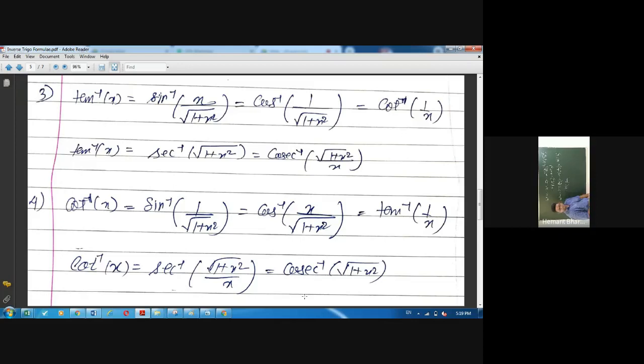So this will be for cosec. So your cosec inverse, tan inverse in terms of cosec will be under root of 1 upon x square upon x.